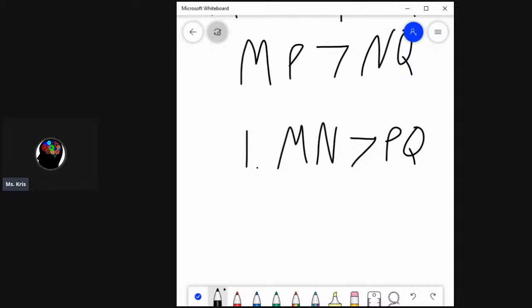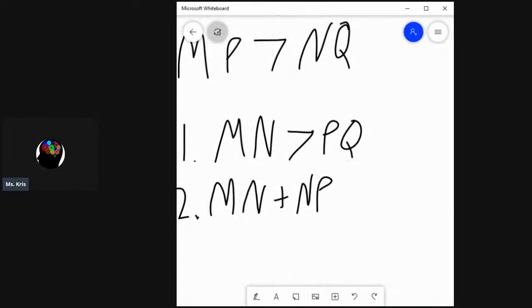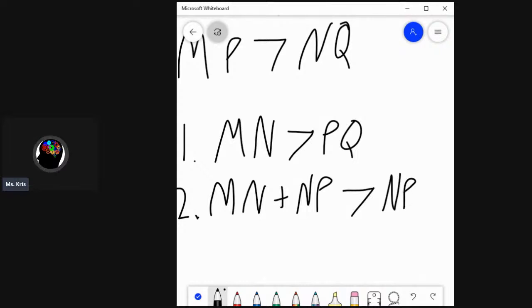So now, if MN is greater than PQ, if you remember our addition property of inequality, number 2 says that if MN is greater than PQ, we can prove that by saying MN plus NP is greater than NP plus PQ.